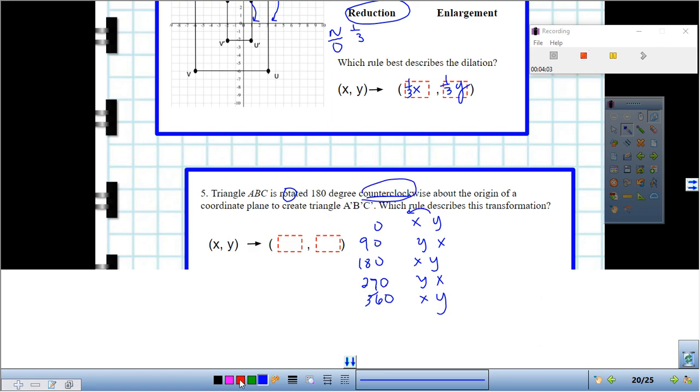That means the first one stays the same, the last one stays the same. Now we go to the left, to both. We should know this one always, it's always going to be negative x, negative y. I should change that to blue. Negative x, negative y. It's not asking for this, but please remember that rotation keeps it congruent.